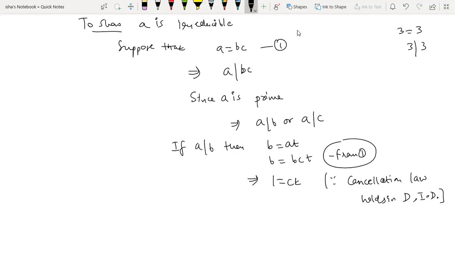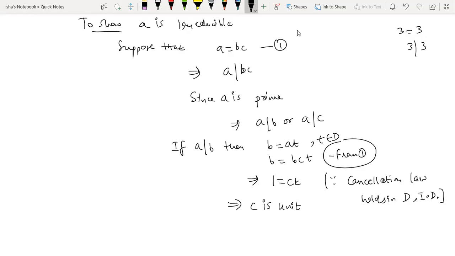t is obviously an element of the integral domain. If an element c on multiplication with another element t gives the product 1, it implies this element c is a unit element, because that is the definition of unit element: if you are able to find another element such that upon product the result is 1, the multiplicative unity of the integral domain, then c is a unit.